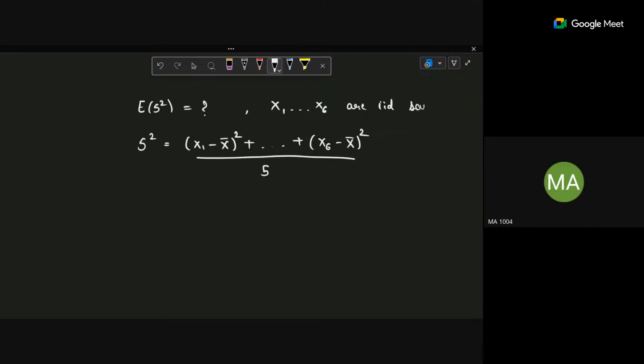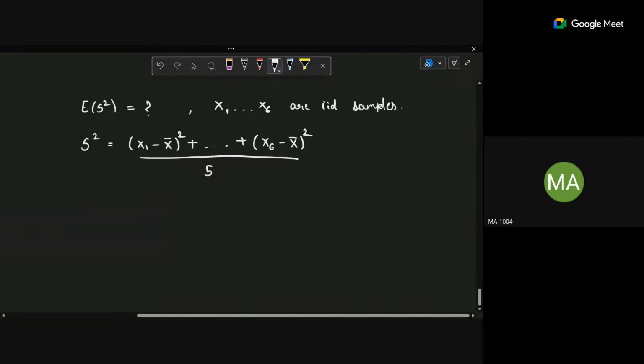And also the mean and variance of the distribution are given. So is it fine if I write it as mu and sigma square as 4?